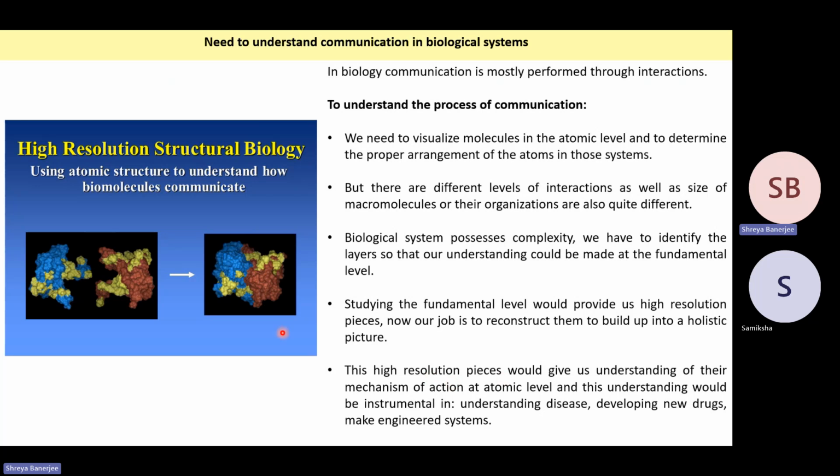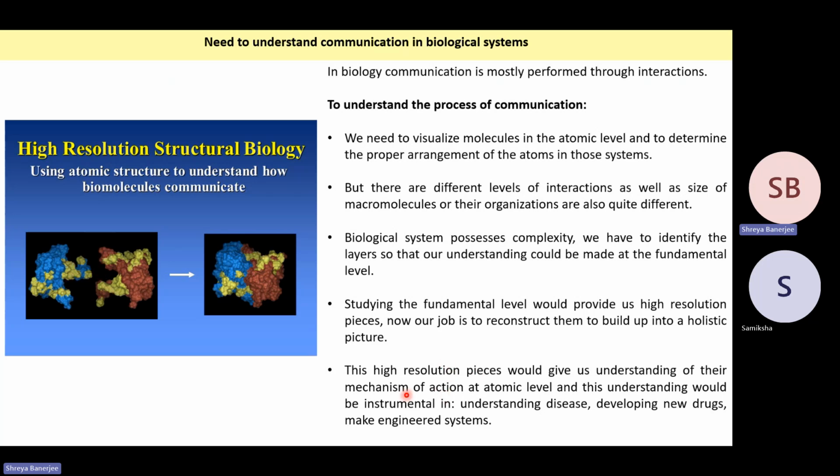And once we understand the molecule at high resolution, suppose here you have two proteins interacting. Once you understand the structure of the molecule at high resolution, it will help you understand the mechanism of this interaction, whether it is an electrostatic mechanism or there is some covalent bond happening.